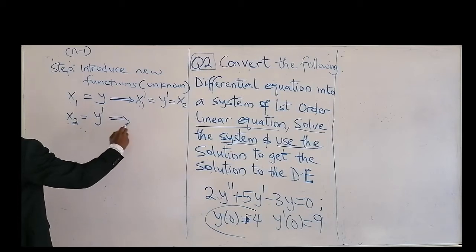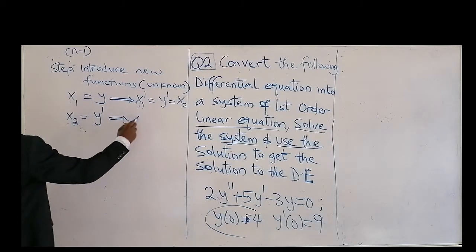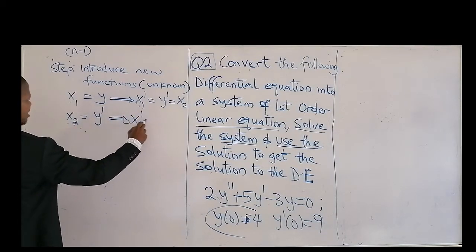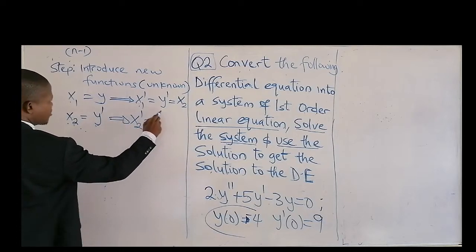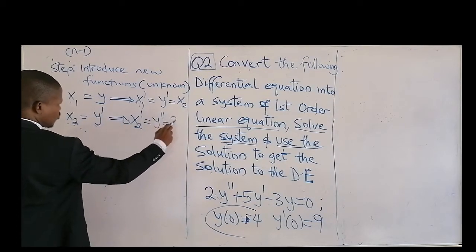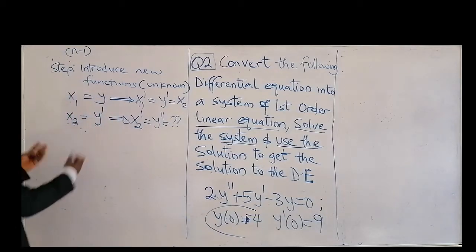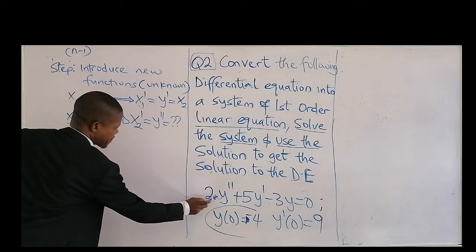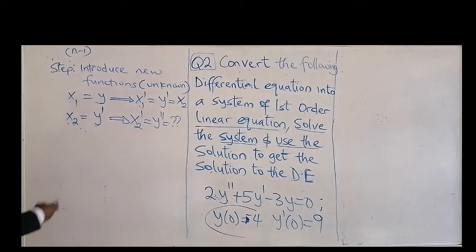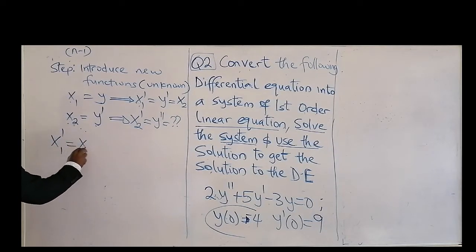The second one is this one, differentiate this, and this will be second differential. Okay, and this will be gotten from this equation, then we'll substitute. So let's come here and substitute. Don't forget your x1 differential. So this first order linear equation is equal to x2. This one is done.